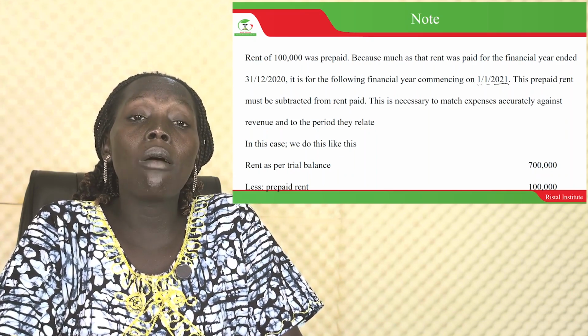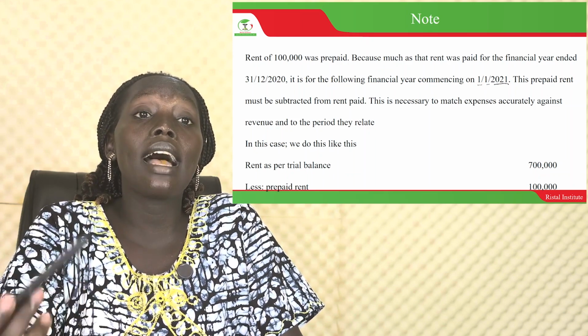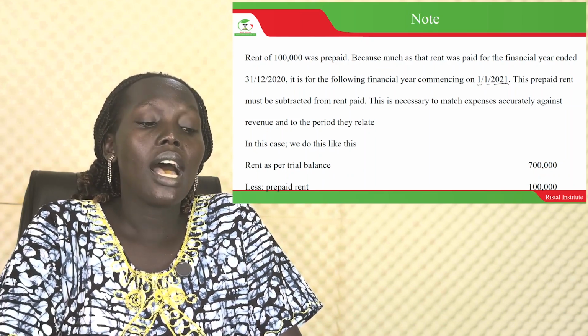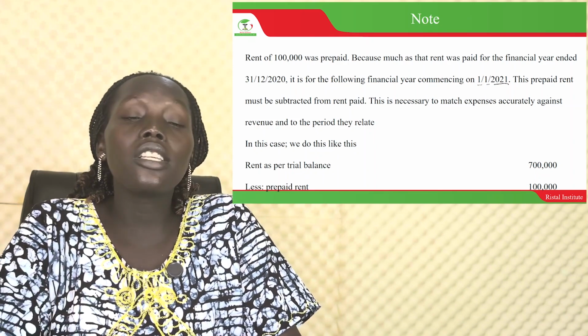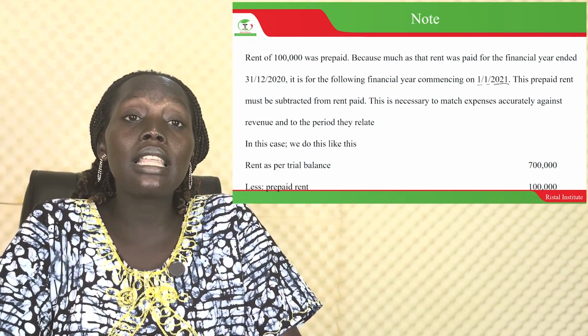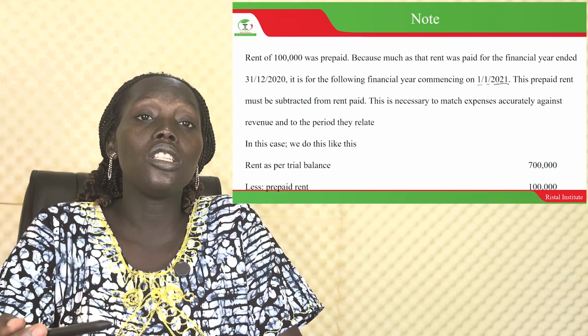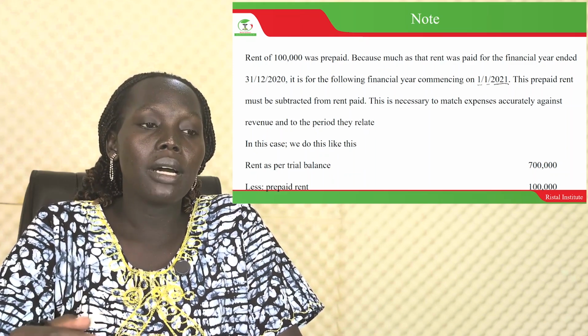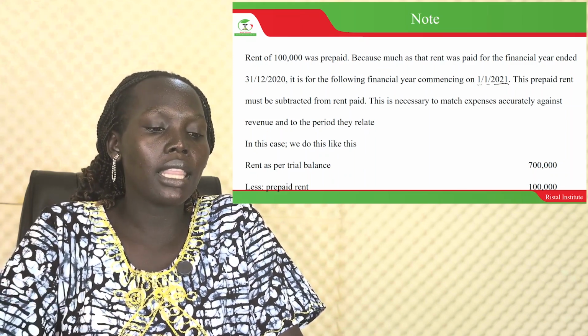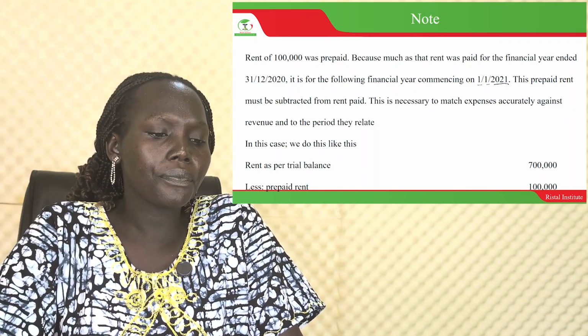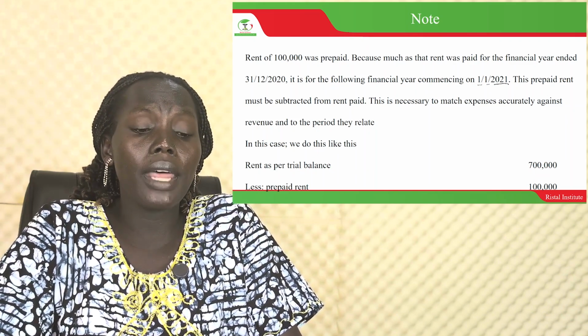So this becomes our prepaid rent. You paid in advance. So it must be subtracted from the rent paid, since it is not for that particular month, but for the coming month.